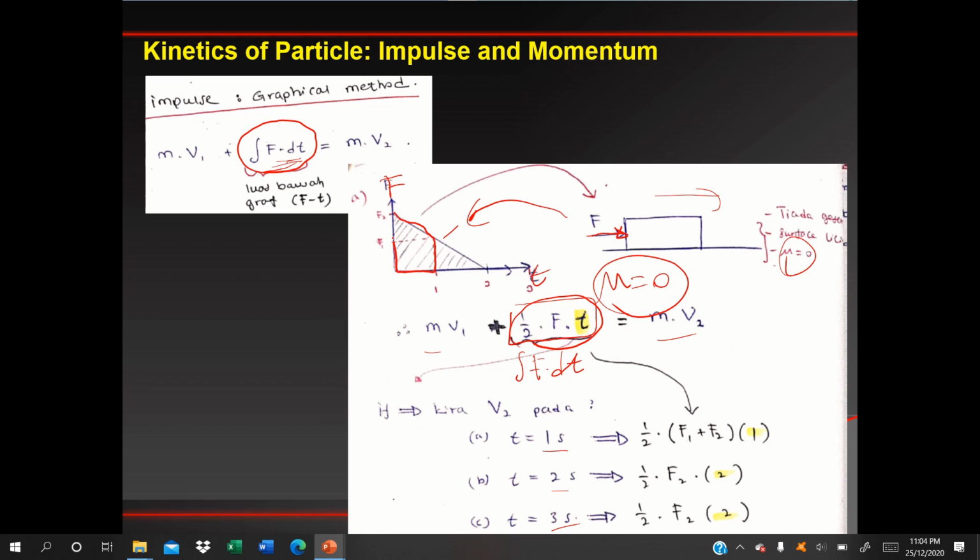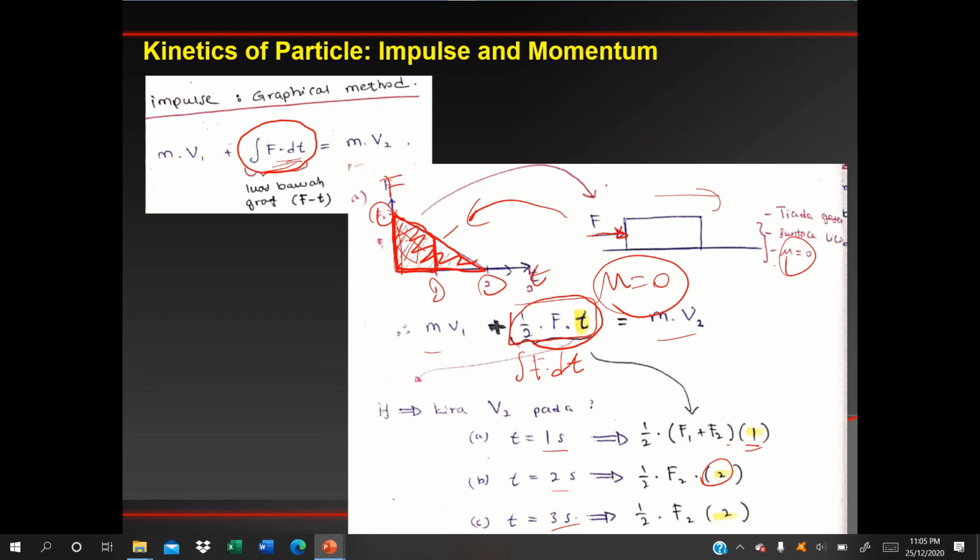This is actually a trapezium, so the area under the graph equals half F1 plus F2, the two parallel sides, times the time, which is 1. When the question asks up to 2 seconds, you have the complete triangle until there, so it is half times F2 times the time, which is 2.